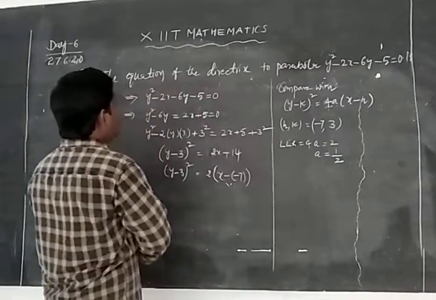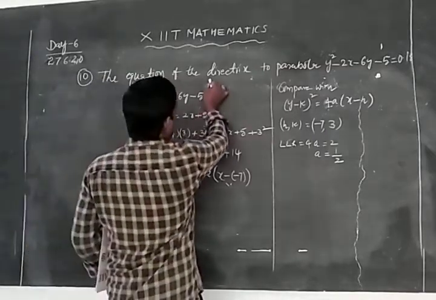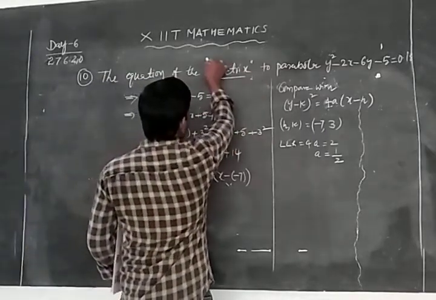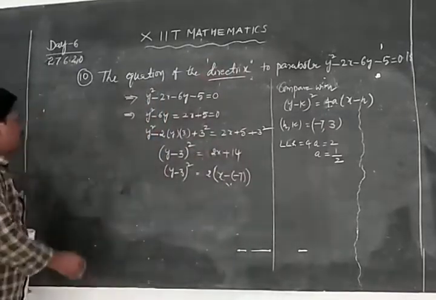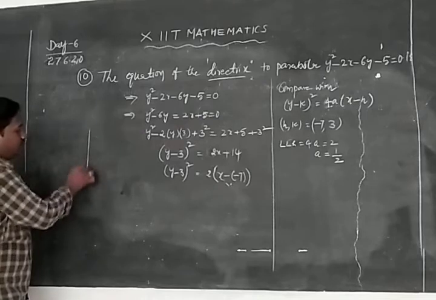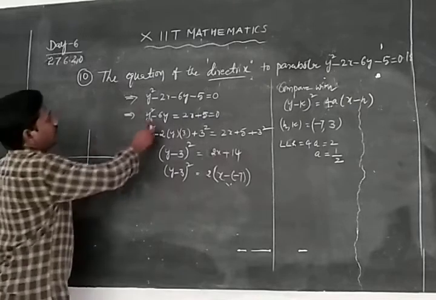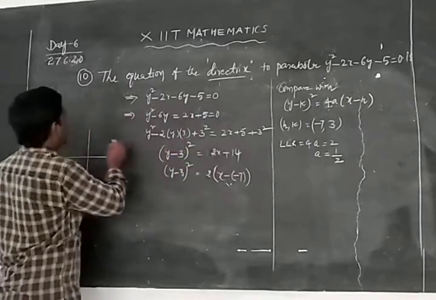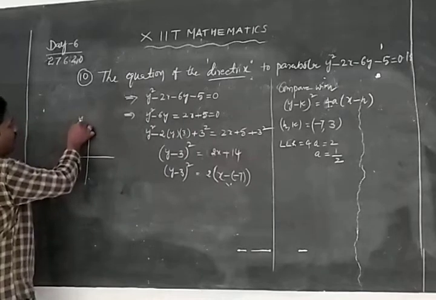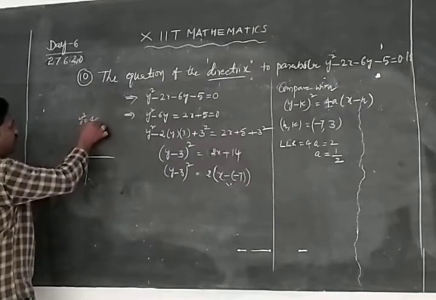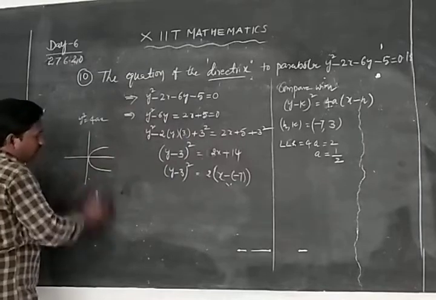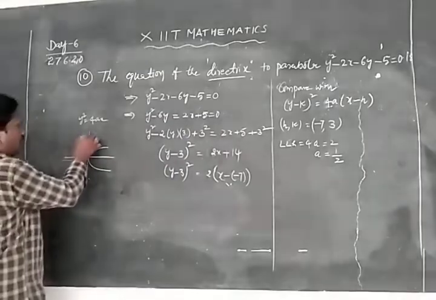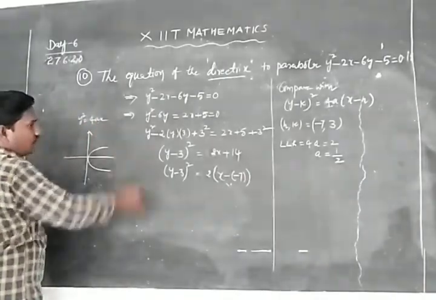Now we need the directrix. Just observe, for example, the parabola y square is equal to 4ax. This is the shape of the parabola y square is equal to 4ax.